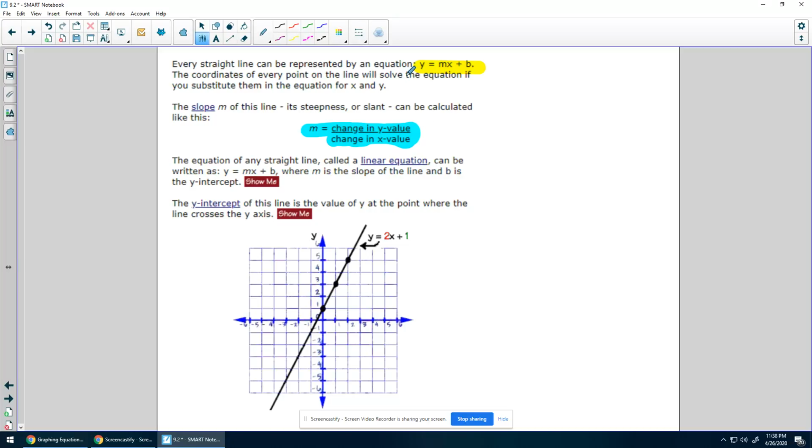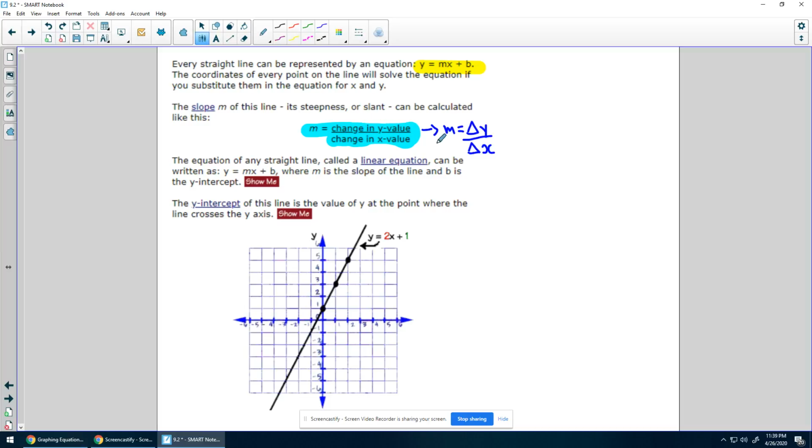And this can also be shown like this. M is equal to change in y, that triangle means change, over the change in x. And you'll see me use this short form.